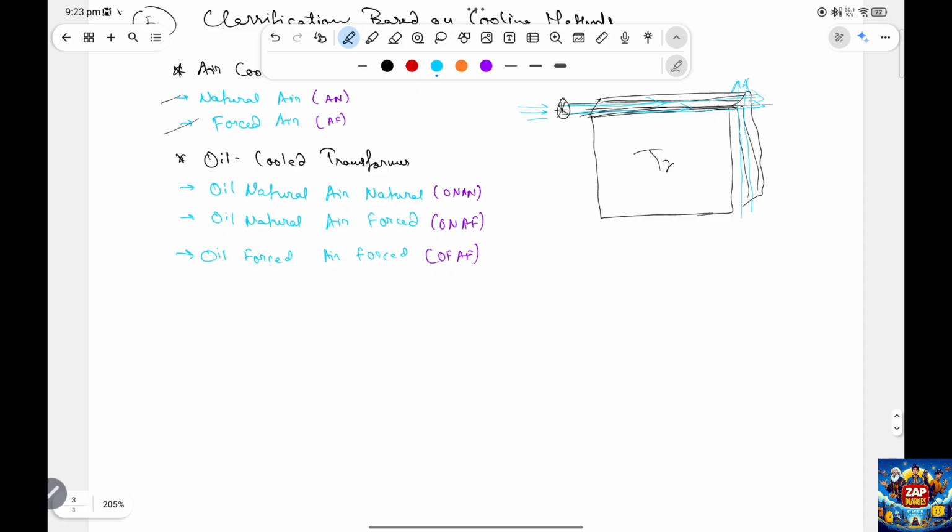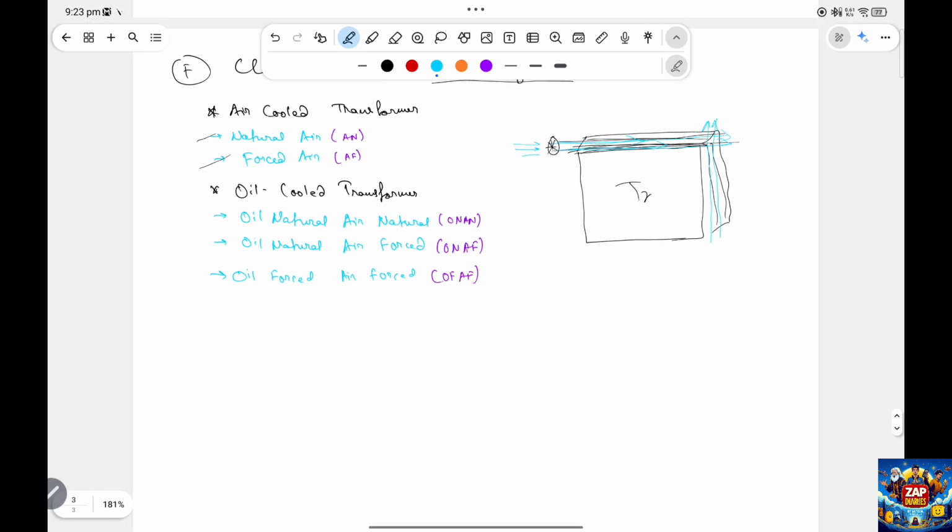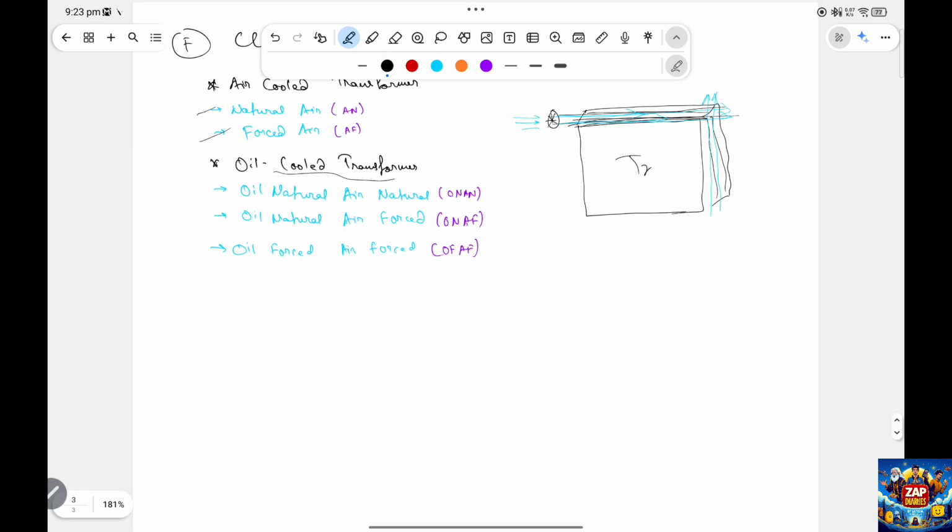Then another type is oil cooled transformer. In this type of transformer, we have three methods to cool it.